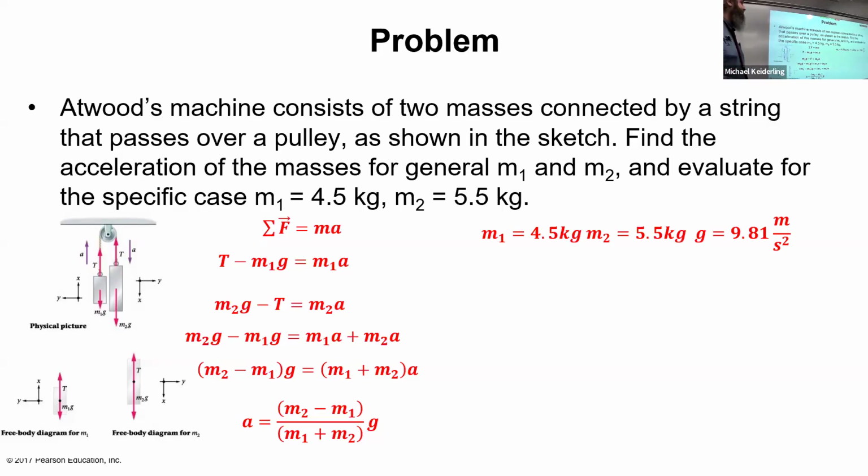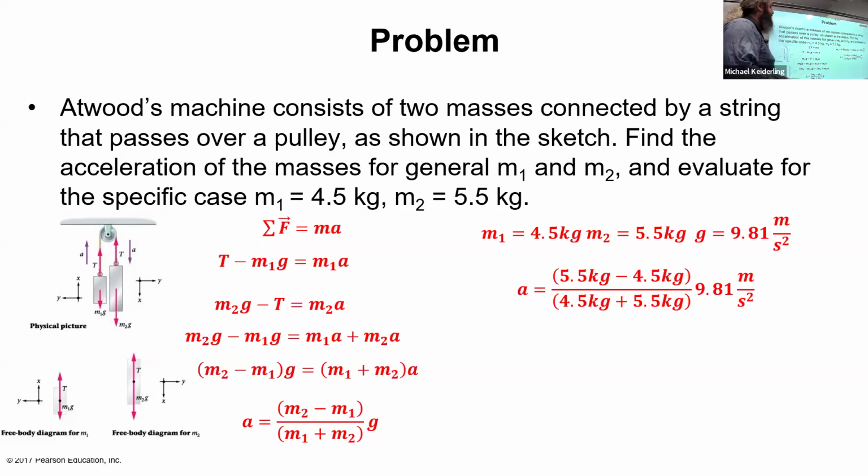So if we plug in the numbers given, mass 1 is 4.5 kilograms and mass 2 is 5.5 kilograms. G is 9.81 meters per second squared. We have 5.5 kilograms minus 4.5 kilograms over 4.5 kilograms plus 5.5 kilograms, all times 9.81 meters per second squared.